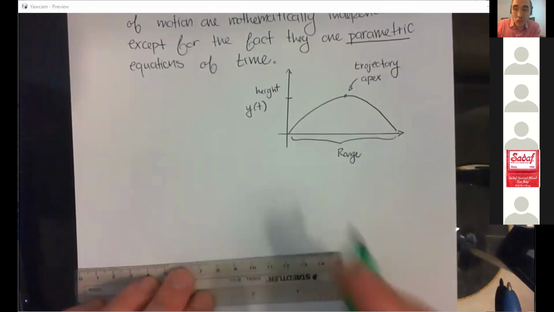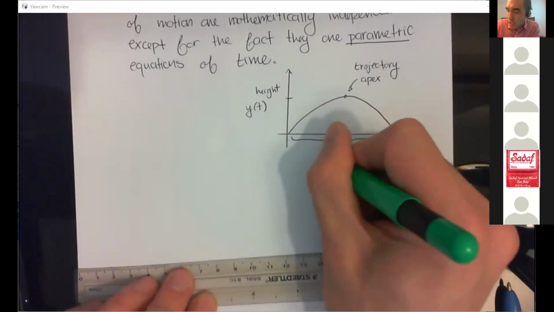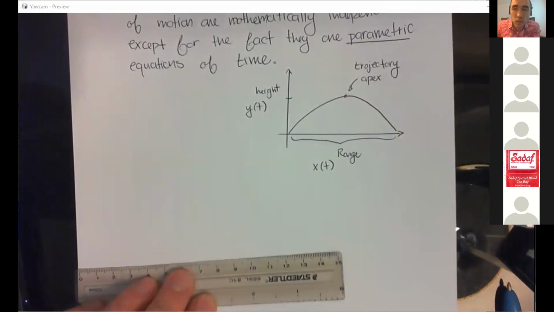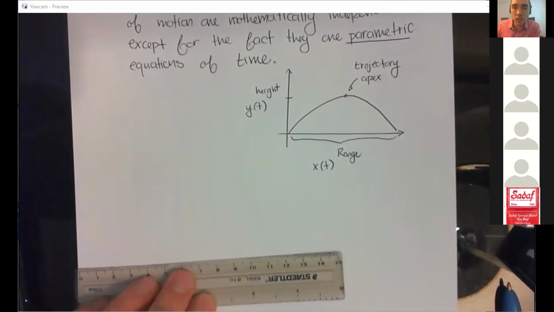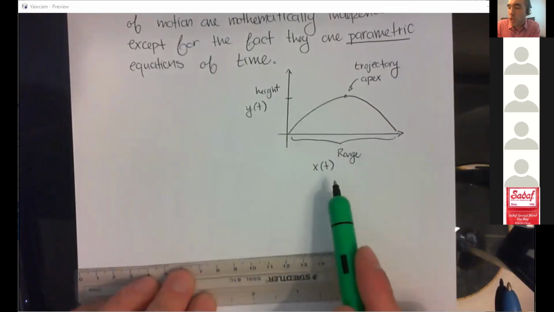We have another equation of motion in the x direction, that is our x of t, right? So instead of having one regular old parabola, we have one equation talking about y and another equation talking about x.